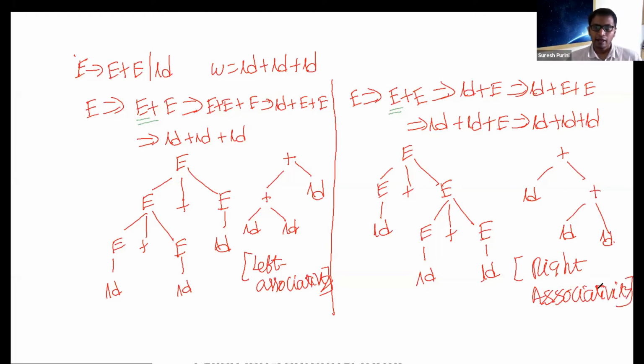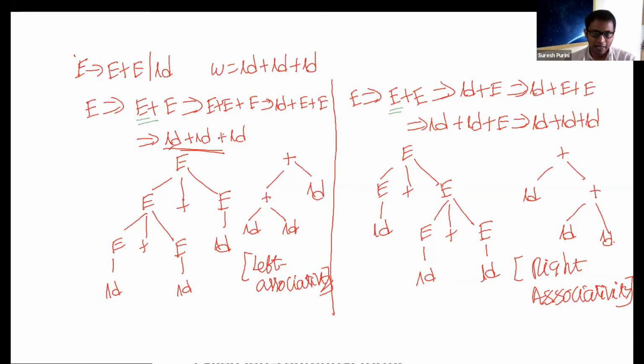Okay, so depending upon the programming language semantics, some programming languages may say that when there is an expression such as this, perform left associative addition, and some other programming languages may say that when you get an expression such as this, perform right associative addition.